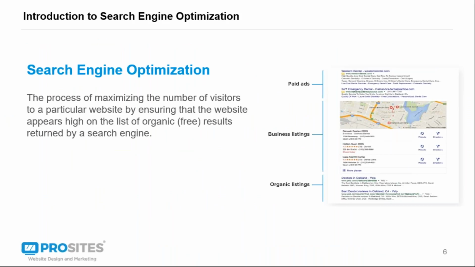Okay. In terms of search engine optimization, this specifically is the process of maximizing the number of visitors to a particular website by ensuring that the website appears high on a list of organic, or quote-unquote free, results by a search engine. So as you can see, here are the paid ads at the top, and anything below the ads is actually considered organic.